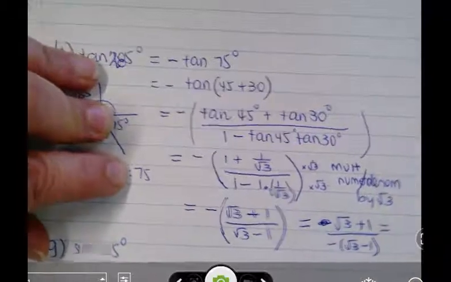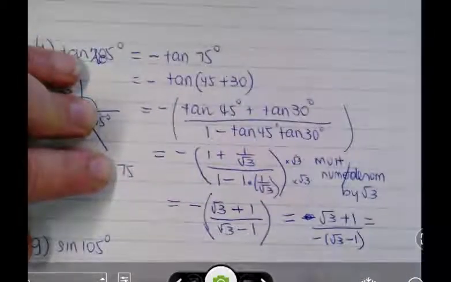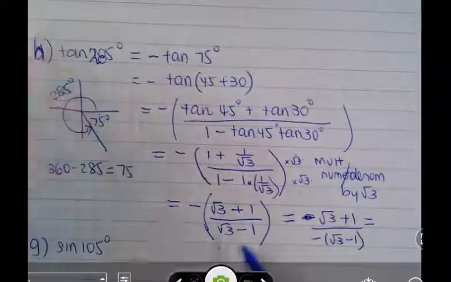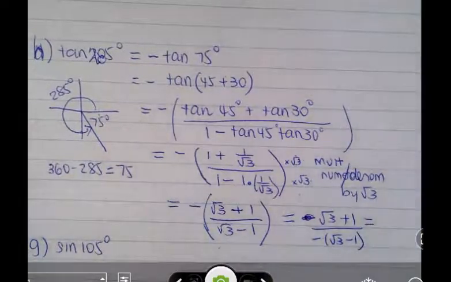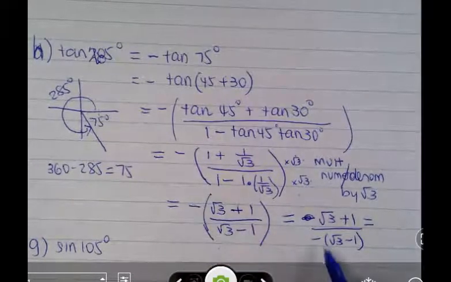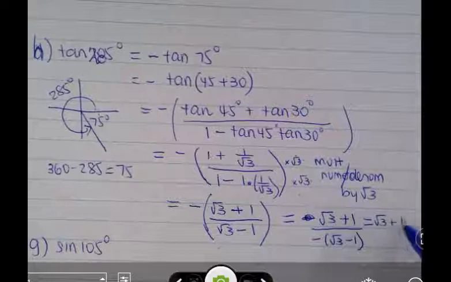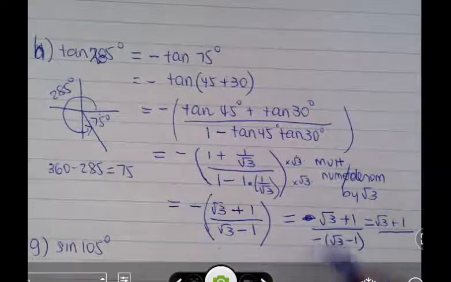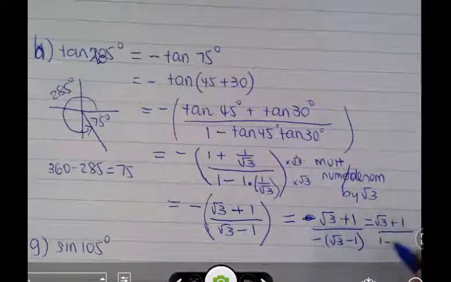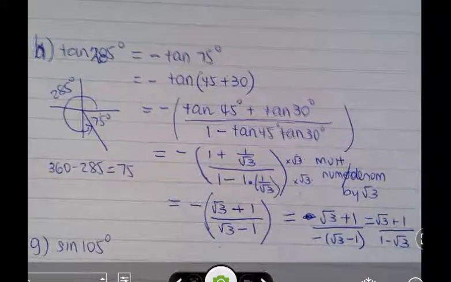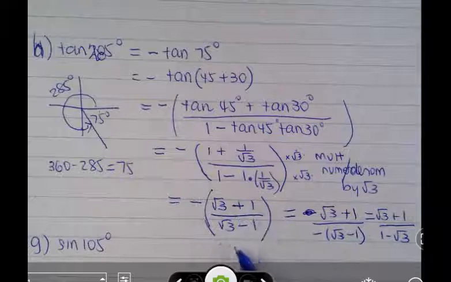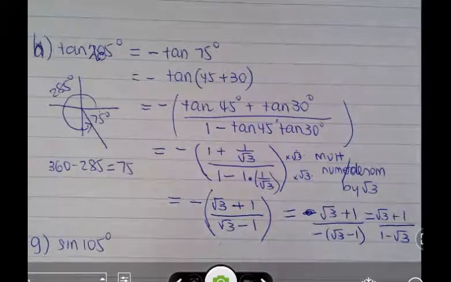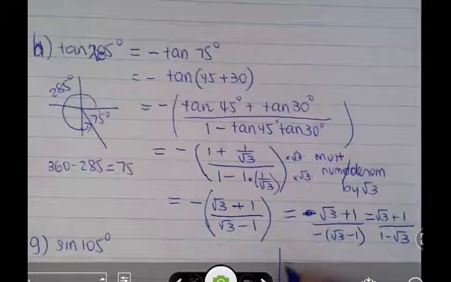When you've got 3 negatives in a fraction, don't go that way. You can have 1 negative instead if I put the negative on the denominator. So it's root 3 plus 1 over negative root 3 plus 1, which is 1 minus root 3. Can you see that? That's better. Otherwise, I'm going to have negative root 3 minus 1 over root 3 minus 1. Too many negatives.